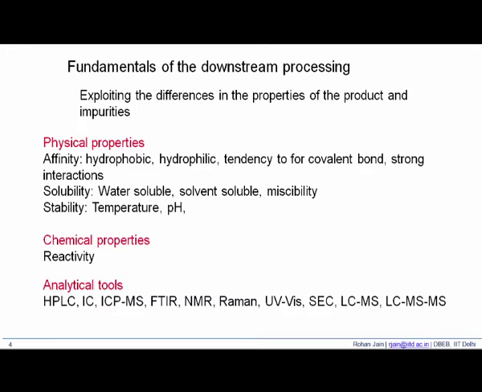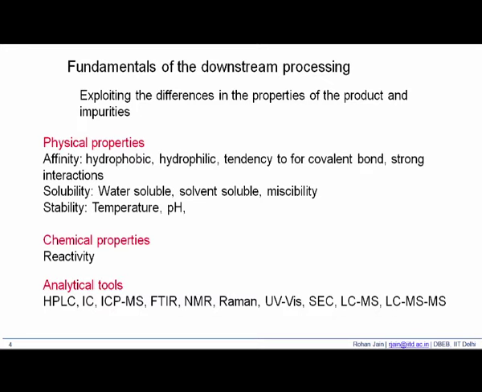Similarly, Raman spectroscopy does the same thing. UV visible spectroscopy, you have a spectrophotometer, you have seen in our last class how it can be used. Then you have SEC, size exclusion chromatography, which separates the products and impurities based on size.